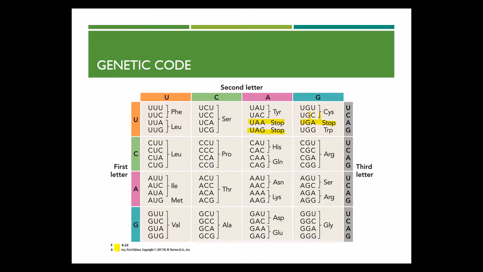Table 4.22 shows which codons specify which amino acids. For example, phenylalanine is coded for by 2 different codon sequences, either UUU or UUC.